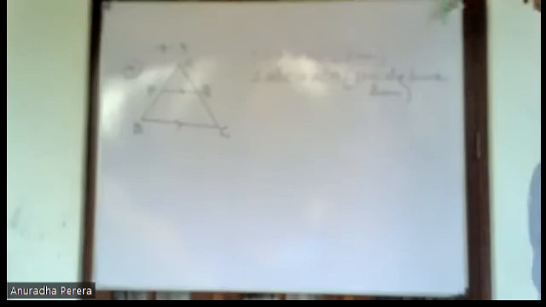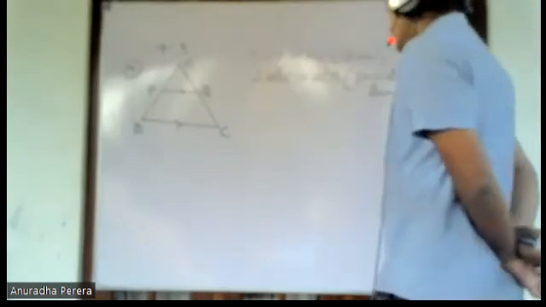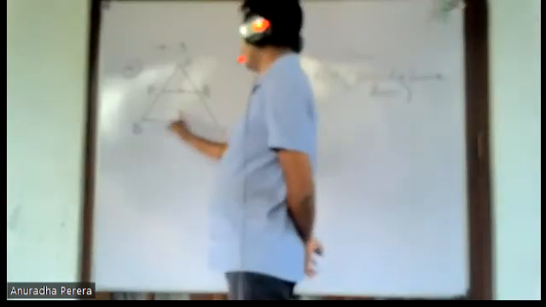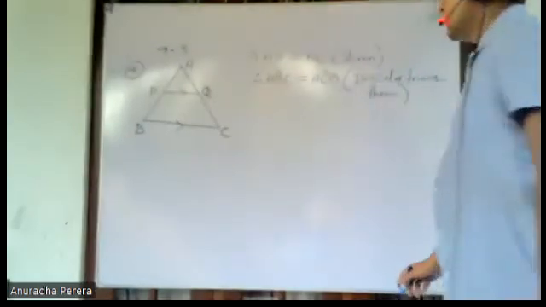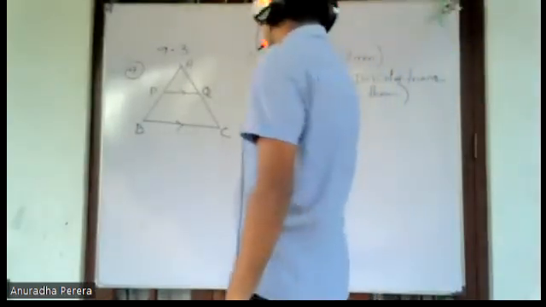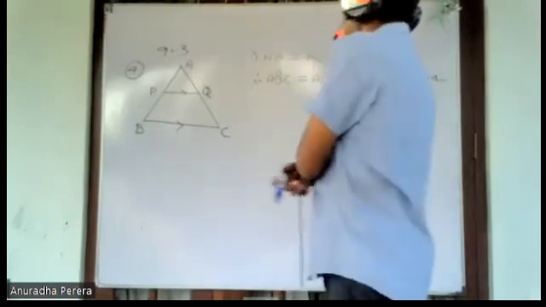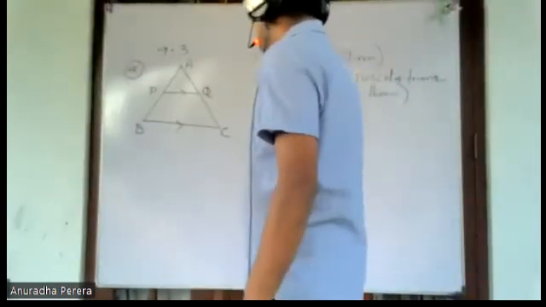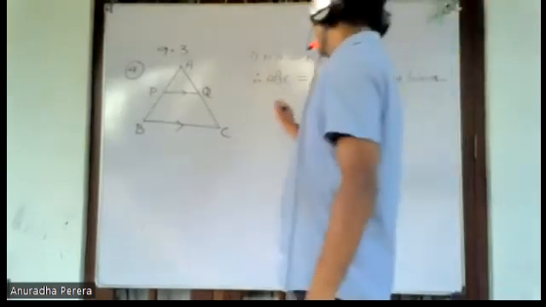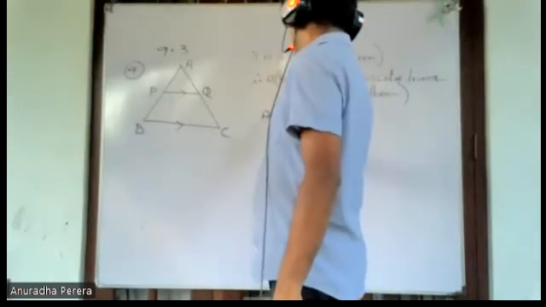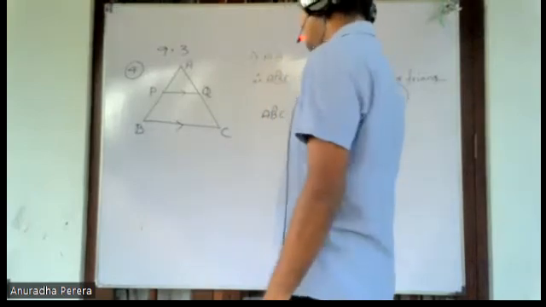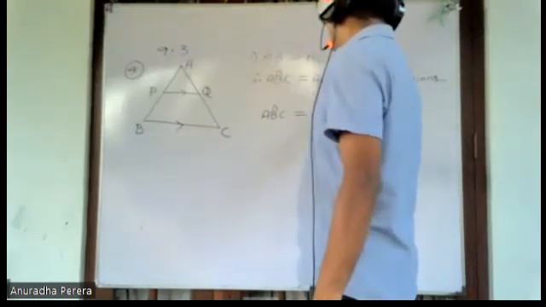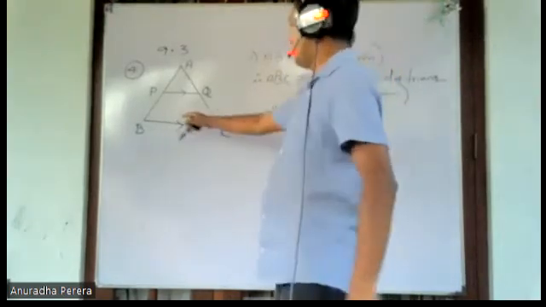ABC equals ACB. These two are equal. And we know ABC equals APQ. You know the reason.